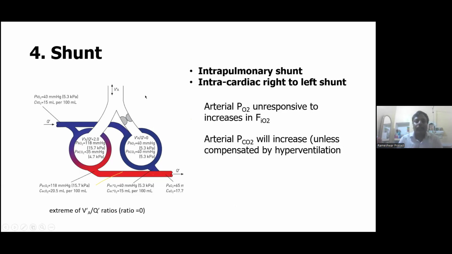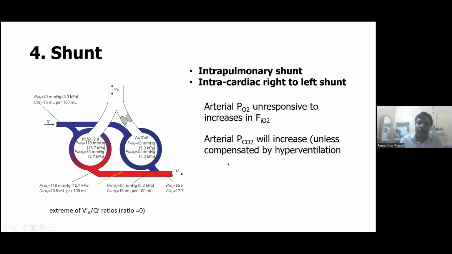Now, in this case, even if you increase FiO2, it will not respond, SpO2 will not increase. Second thing, PCO2 will also increase because there is no ventilation, and carbon dioxide has no way to come out of the pulmonary arteries and go inside the alveoli.